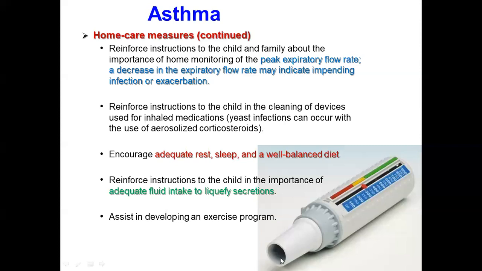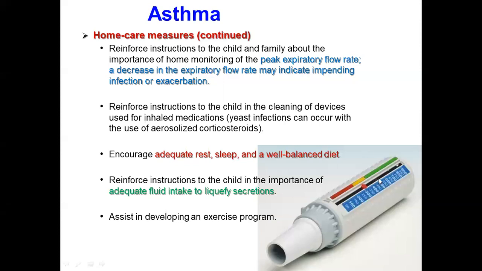When the patient puts their mouth on and blows into this device, if the indicator is in the green zone, it means the peak expiratory flow rate is 80 to 100%, which is normal. Asthma is well controlled.